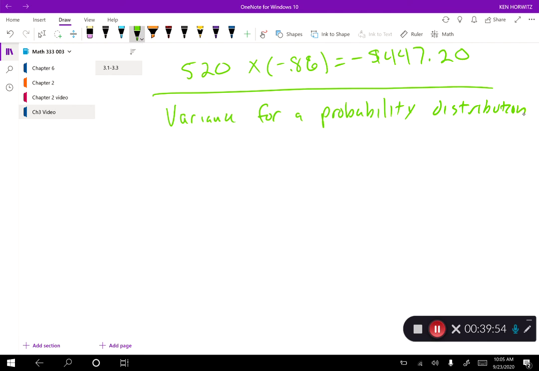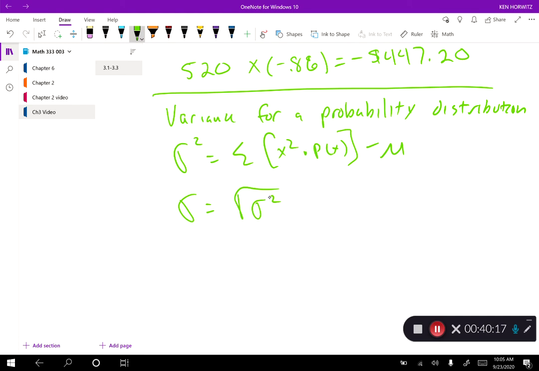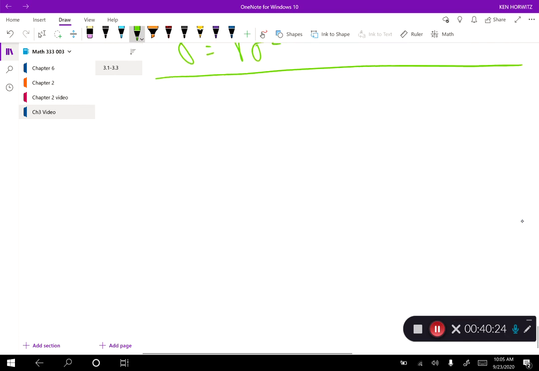All right, so variance again is sigma squared equals the sum of x squared times p of x minus mu squared. Standard deviation would be the square root of your variance. All right, so let's do just one last example.